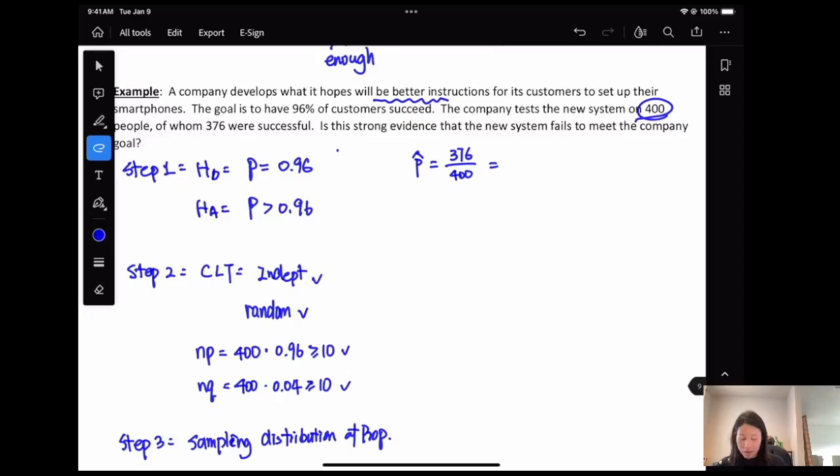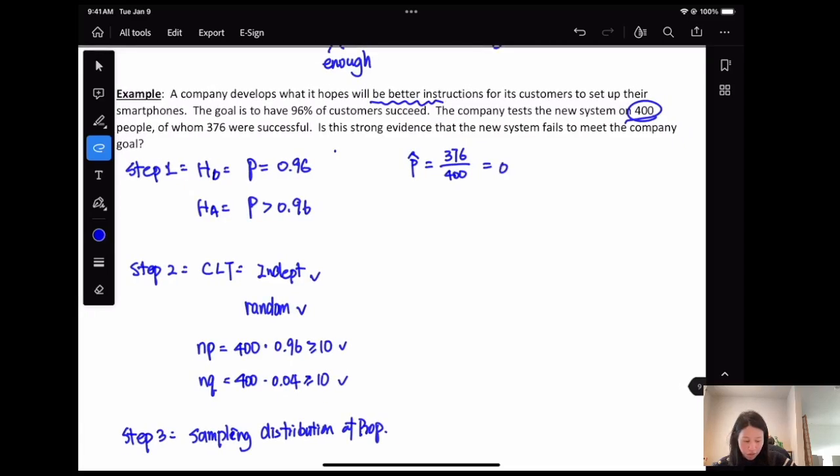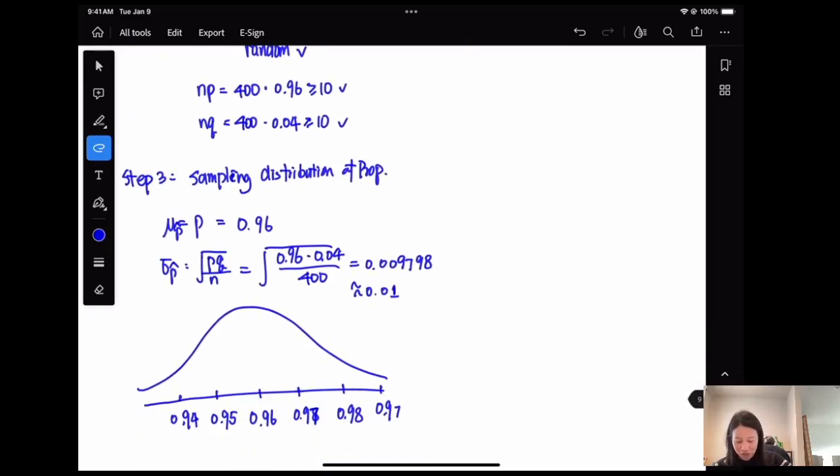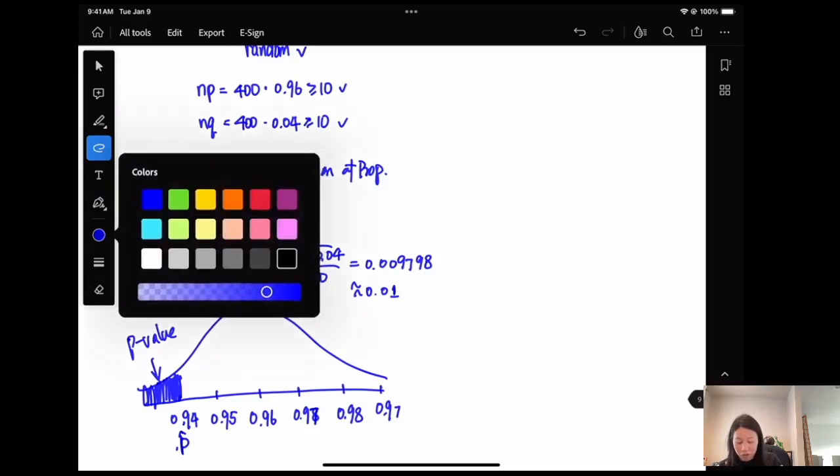So p hat equals 0.94. Well, that's not better. That looks less than what they expected, less than their goal. So you're expecting p hat to be in here, and your p-value is on this side. All right, so that is the sampling distribution of proportion.